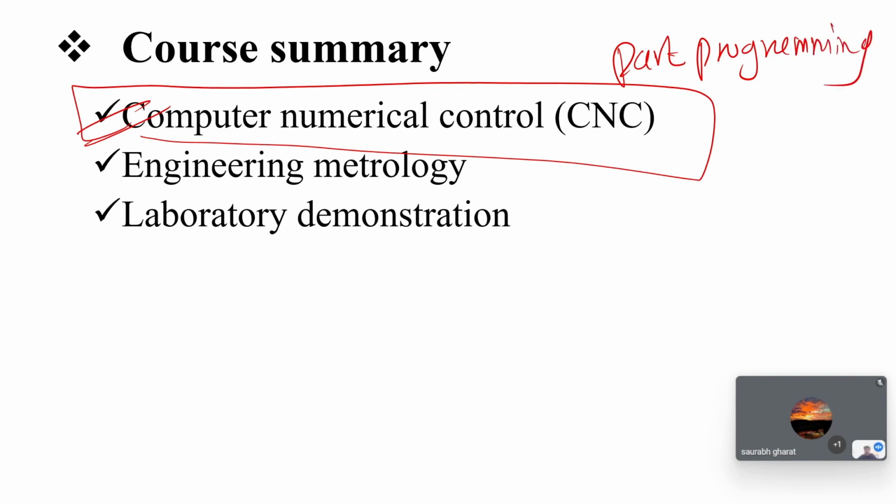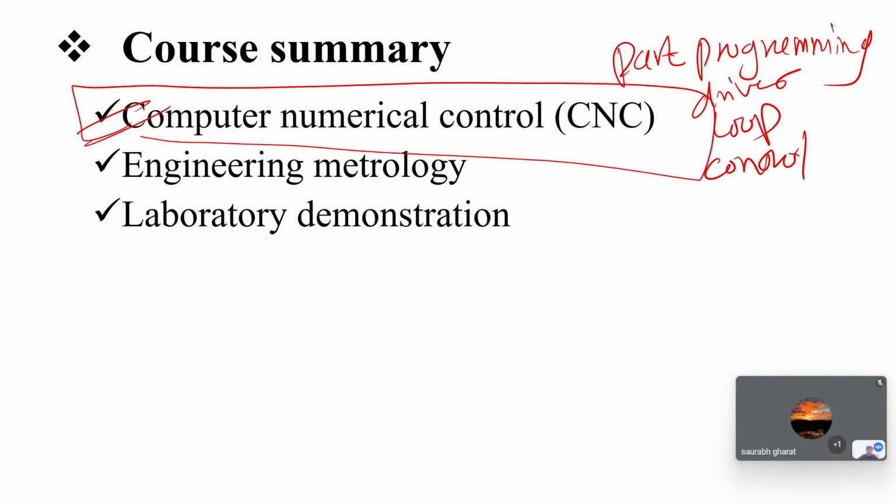So part programming you must work on here, and other parts like drives, loops and control. Computer numerical control is about how you can use the basics of your CNC and how you can operate the CNC machines to get output from it.